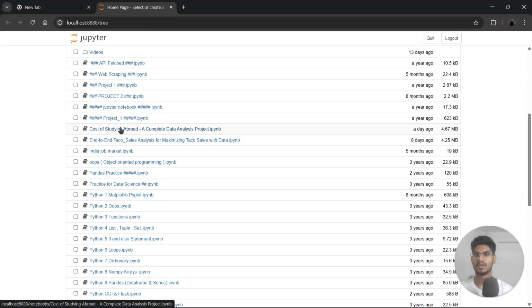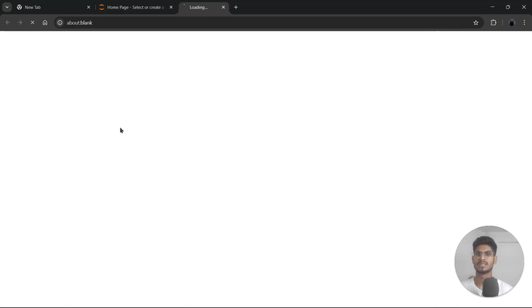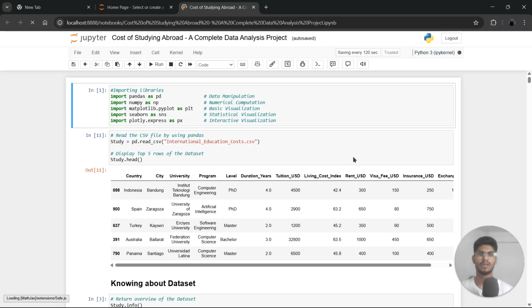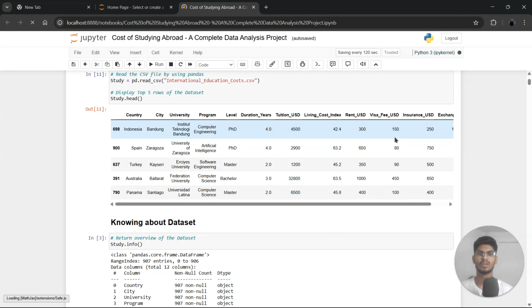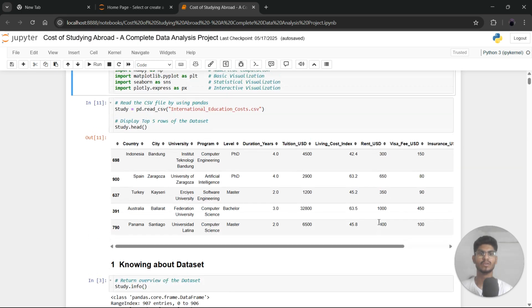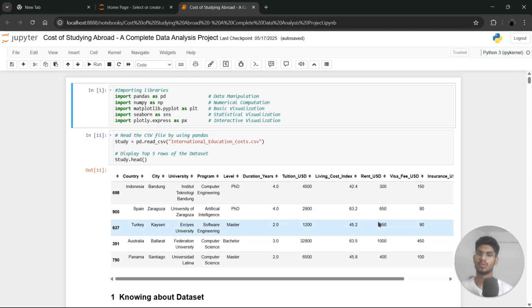We will go to the notebook which I have already created. This is the notebook. Wait for a while because it takes some time. Now we are on our notebook. I have already created this notebook for a reason: you need to understand your data well, going through the data again and again so that you get the best understanding of it, or come up with great ideas to solve real world problems.